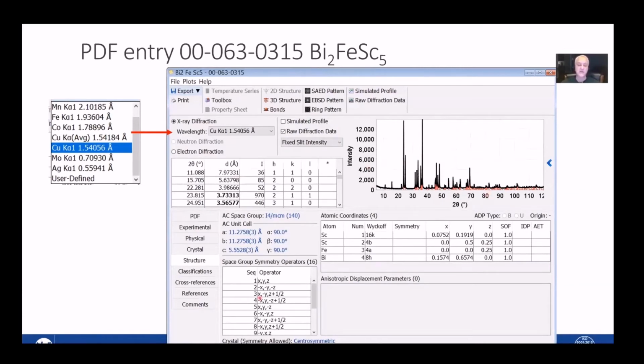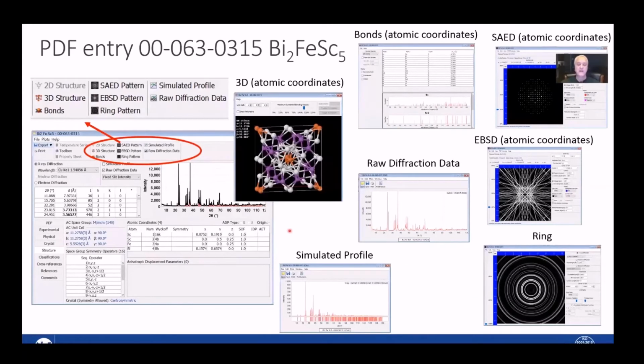And you have atomic coordinates. You can simulate patterns, and in many cases, we're putting in raw diffraction data so you can compare your pattern to something that someone else has published. Beyond just being able to do the phase ID, there are also now a number of additional capabilities. It includes doing a visual of the 3D pattern, basically the crystal structure. You can see the bonding.